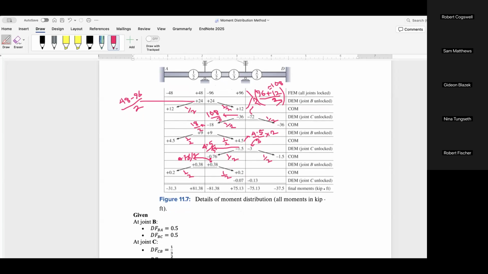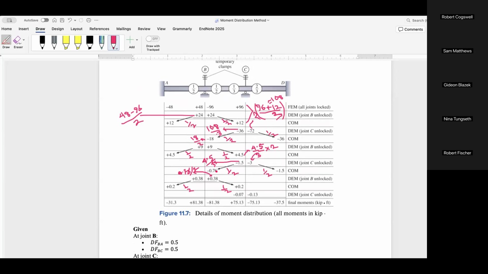And then what they did, this one again for joint B, it's B, yeah. Joint B, we are doing the carryover half. So for this math, it's so easy because there is half half. So we don't need to compute again and again. But what if it is different? Then we need to compute.